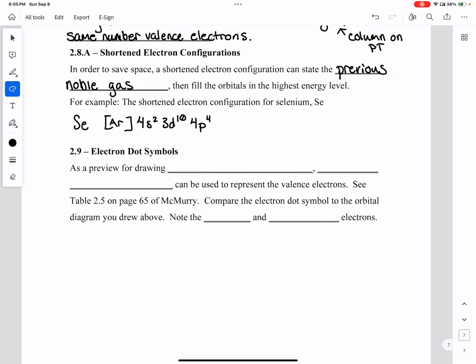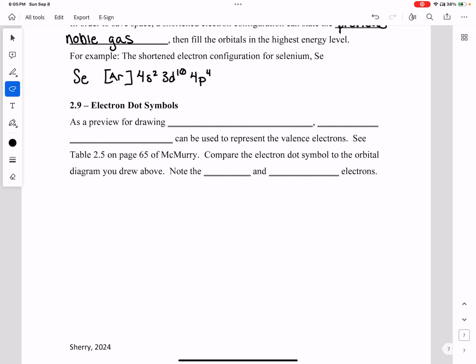So the final topic we have for this lecture is electron dot symbols. Electron dot symbols are a preview for what we will be doing in the very near future, which is Lewis dot structures. But for now, we're just going to do electron dot symbols.